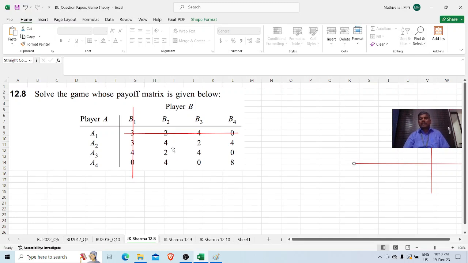What we will do, we will rewrite this 3 cross 3 matrix.